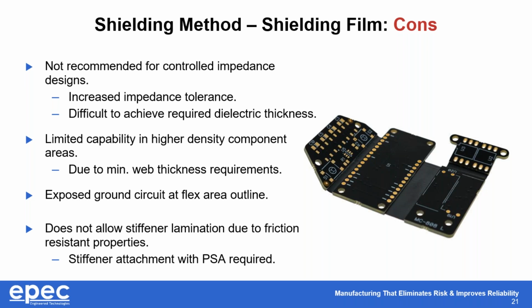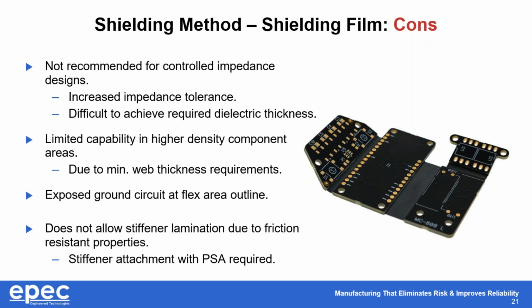I've only had 2 customers come back and express concern that the shield itself might in turn short out to another component within the design, within the finished assembly. Now, I alluded to stiffener laminations in both the copper layer and silver ink solutions.